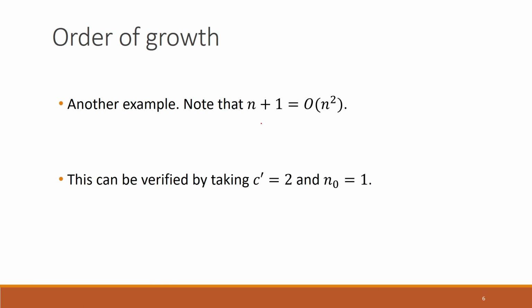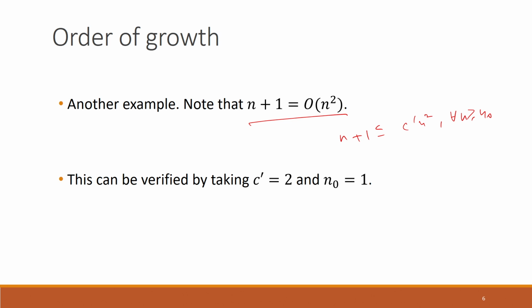Again, in order to argue this, we need to come up with one set of values of c dash and n naught that will satisfy this condition, that n plus 1 is less than or equal to c dash times n square for all n greater than or equal to n naught.